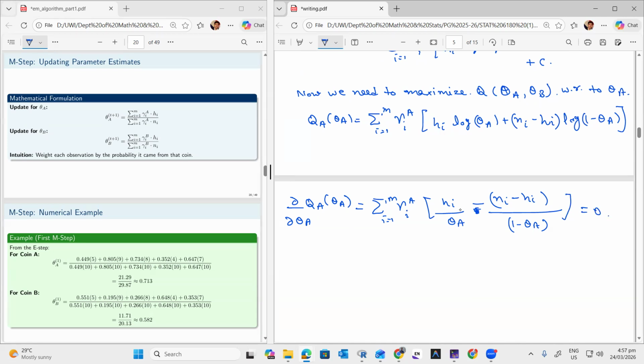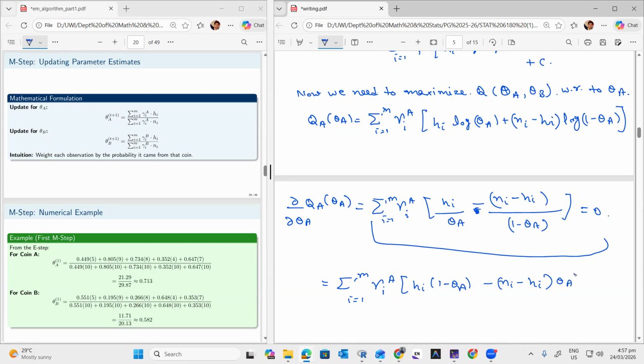Now simplify this portion. It becomes the summation over i from 1 to m of gamma iA into Hi into 1 minus theta A minus Ni minus Hi into theta A equals 0. The denominator part goes to the right hand side, so it becomes 0. Now expand this one, multiply inside the bracket.